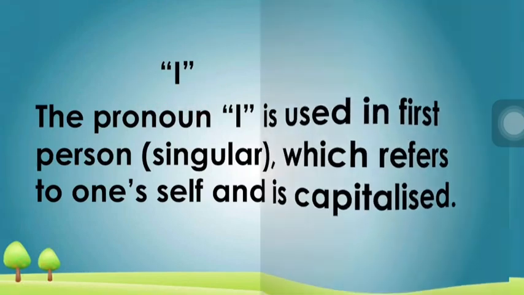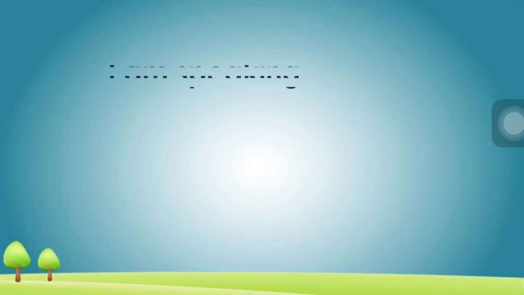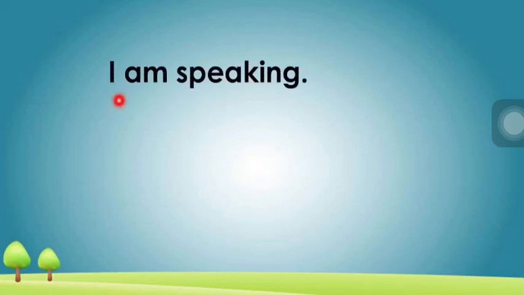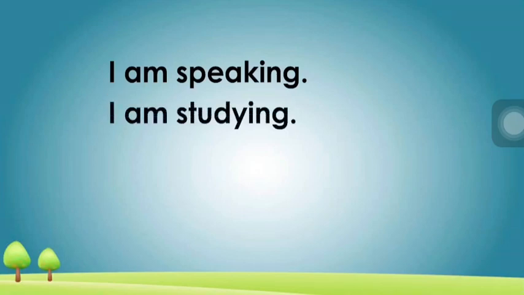For example, I am speaking. You can see that it is singular. We are talking about a singular person and I am talking about myself. So I am using this pronoun I. I am studying. Again, a singular person and I am talking about myself.